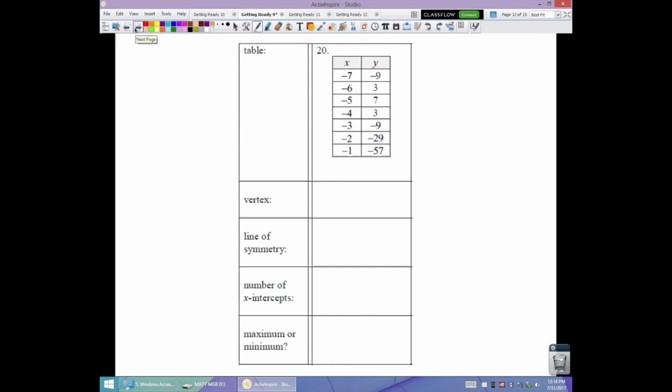Number 20, I see a vertex here at -5, 7. Now, the values surrounding that 7 are all decreasing. So this time, if my vertex is at -5, 7, and the values around it are decreasing, this parabola must be open down.